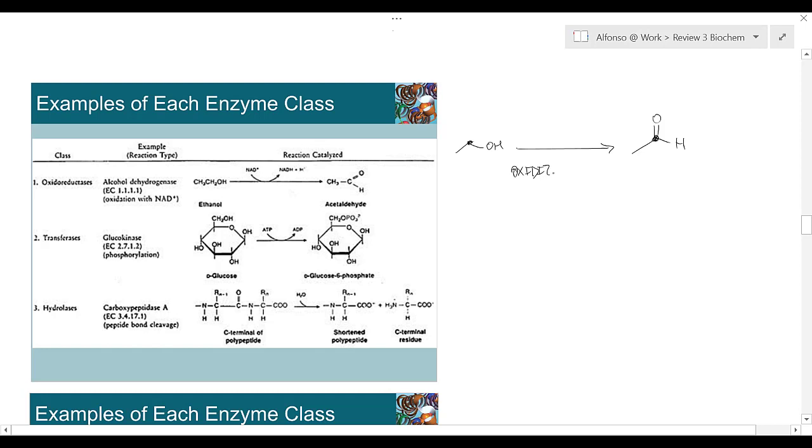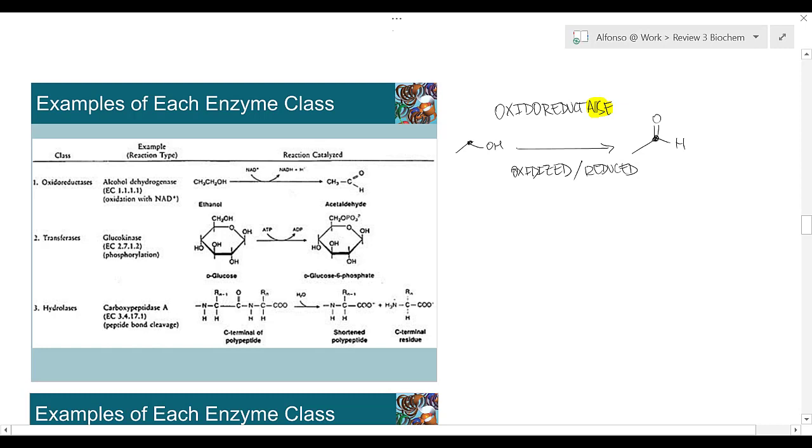And if a carbon is oxidized, or if anything is oxidized or reduced, then the type of enzyme that catalyzes this reaction is an oxidoreductase. Oh, something that I should have mentioned in the very beginning is that anytime you see the suffix -ase, that means that it is an enzyme.